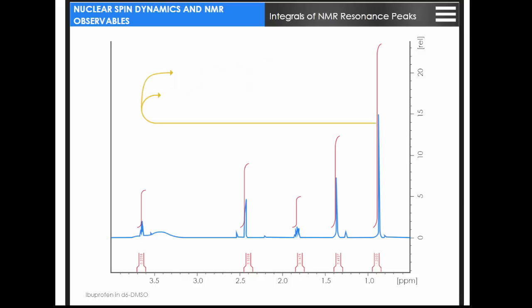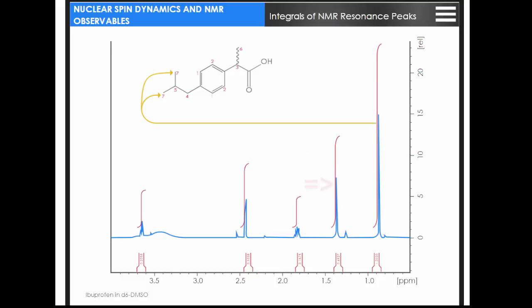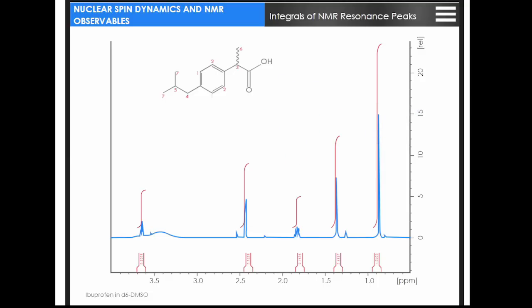In the example above, the most shielded peak at 0.88 ppm is the strongest peak, most likely stemming from 6 protons in 2-methyl moieties in the isopropyl group. Thus, we can assume that the integral of value 1.0 corresponds to 6 protons. The peak at 1.37 ppm contains 6 times 0.49 equals 3 protons, and thus can be assigned to the methyl protons in the propionate group.